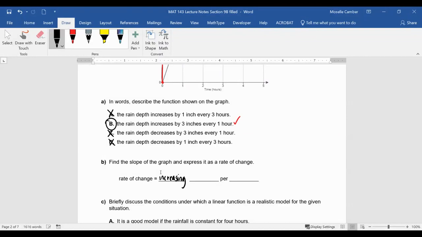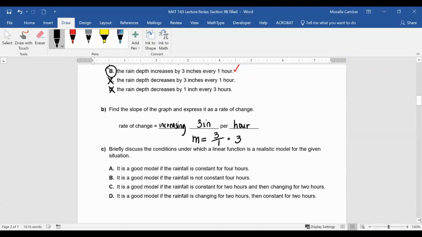The y value is rain depth, so it's going to increase by 3 inches per hour. Now if we're writing that as a slope, which we usually call m, we'd have 3 inches over 1 hour, or just 3. And because it's increasing, it is positive.